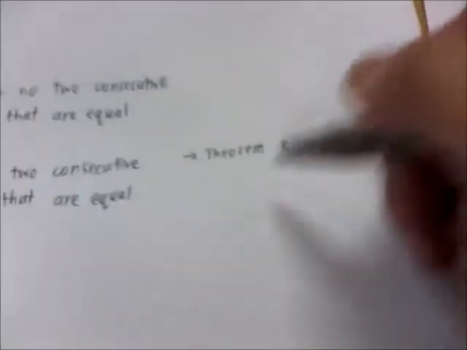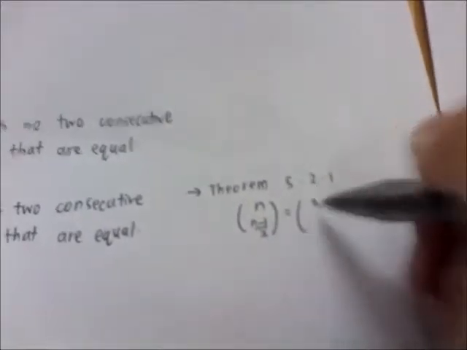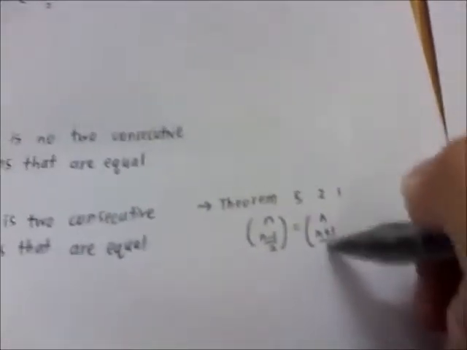These two terms are the equal ones. I write it down here. n of n minus 1 over 2 is actually equal to n of n plus 1 over 2. These two are the equal terms.